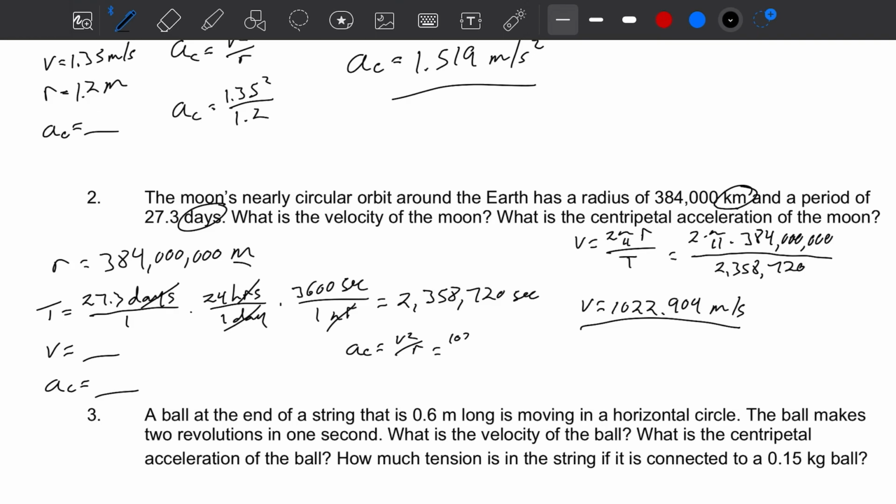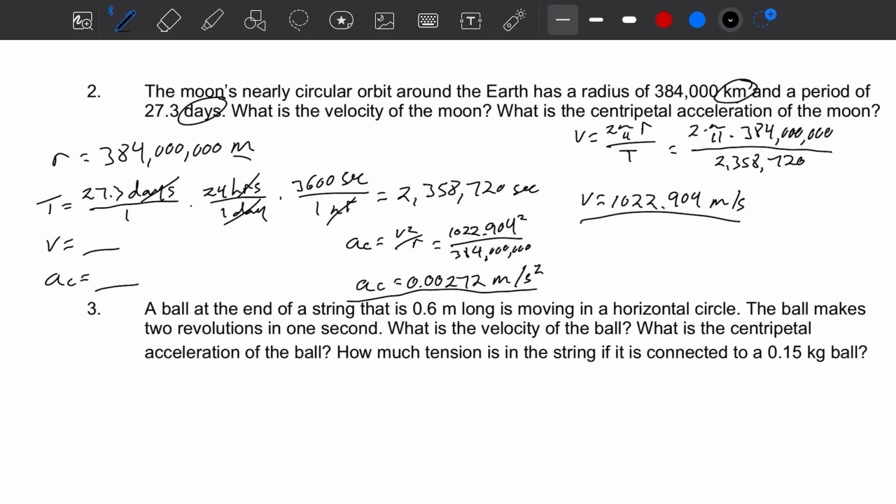So I'm going to take my velocity, square it and divide by the radius: 1,022.904 squared divided by 384 million. That gives 0.00272 meters per second squared.